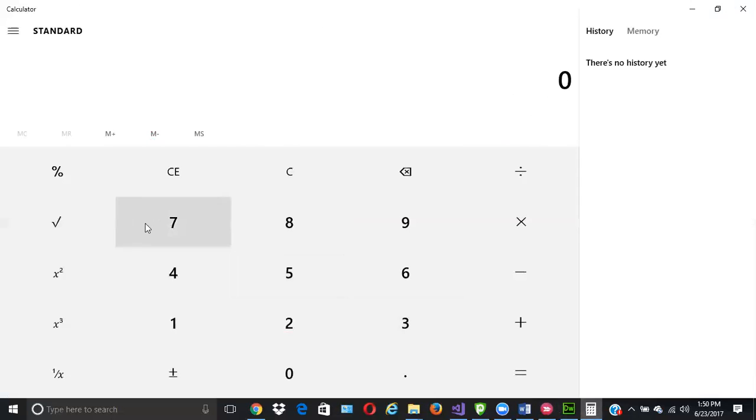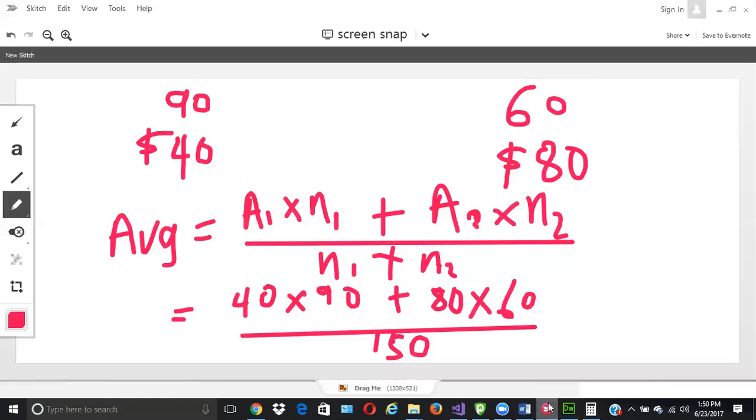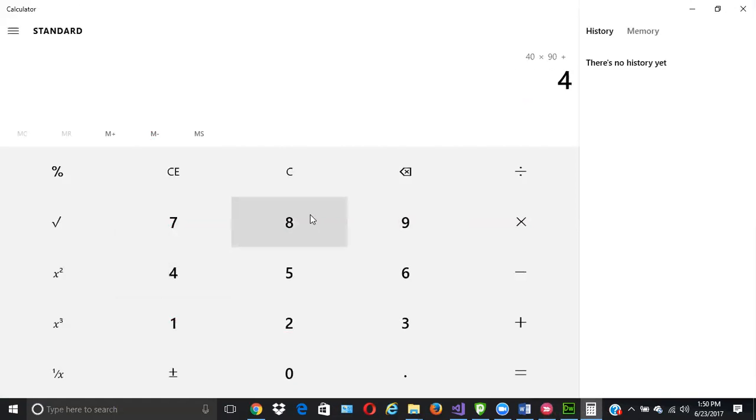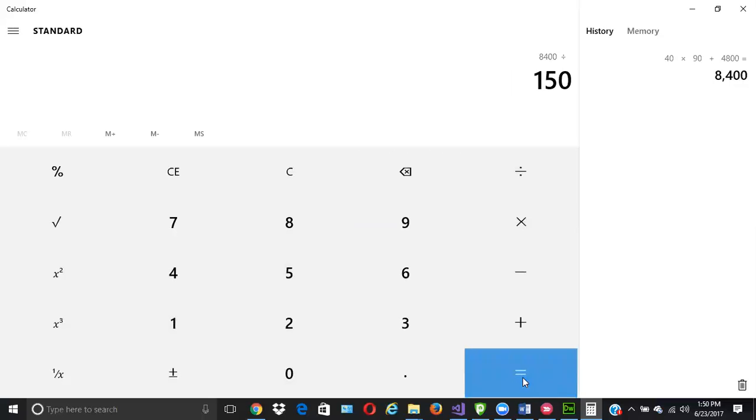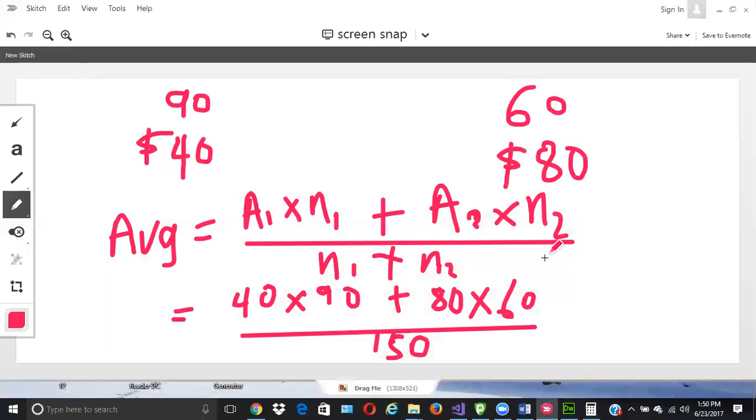So 40 times 90 is 3,600, and we're going to add that to 80 times 60, which is 4,800. Then we're dividing that result by 150. And so in that case, the average would be 56.